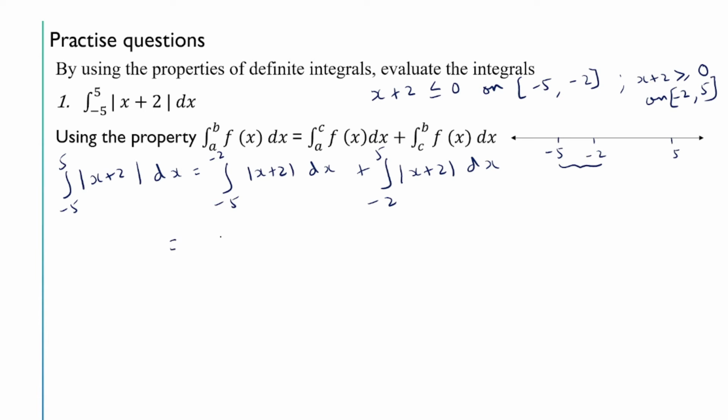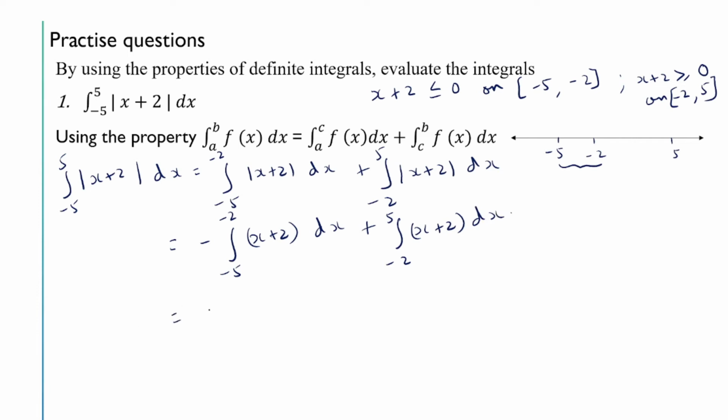So this is equal to minus integral minus 5 to minus 2 x plus 2 dx, plus, in the interval minus 2 to 5, if we substitute any value for x, it will be positive. Say for example, if we substitute minus 1, then the value of x plus 2 will be positive. So integral minus 2 to 5 x plus 2 into dx.